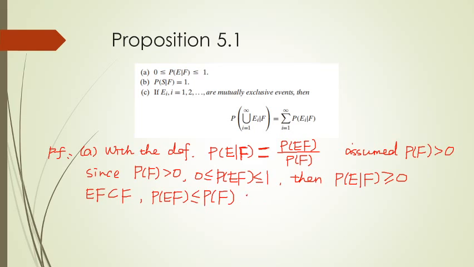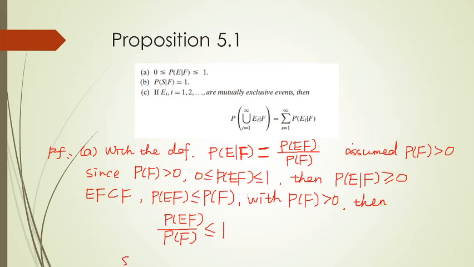And since the probability of F is positive, the probability of E and F over the probability of F is less than or equal to 1. So this fraction is between 0 and 1.